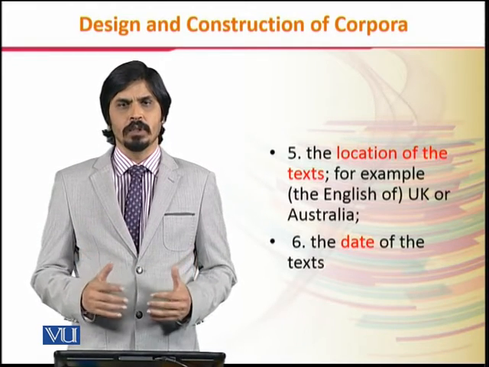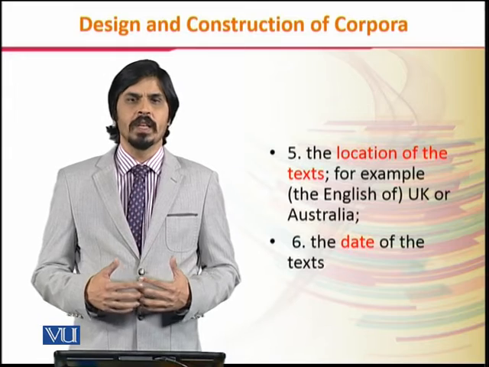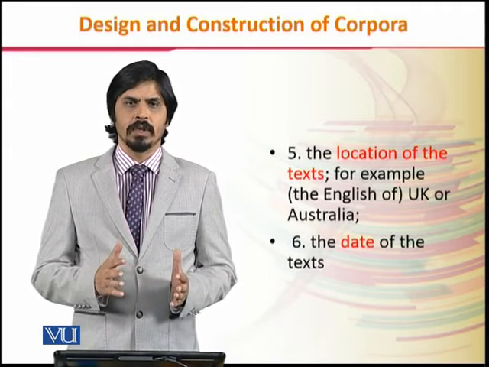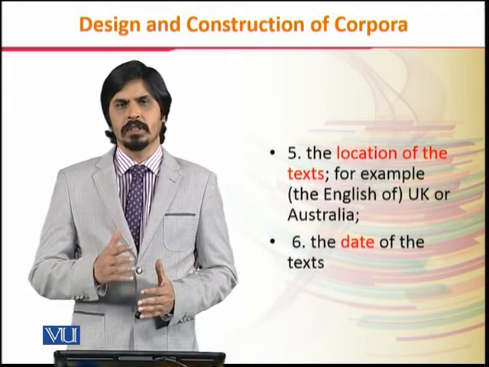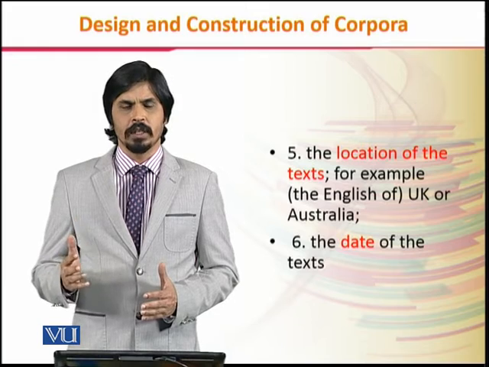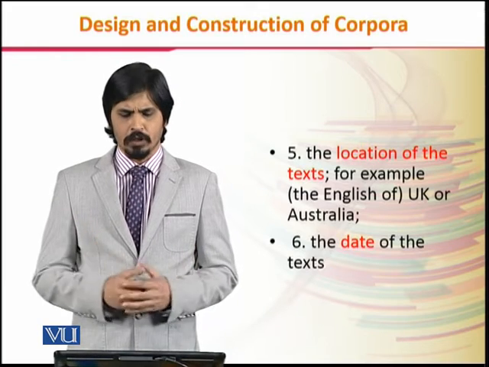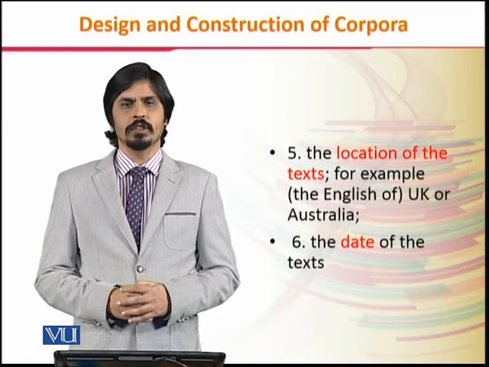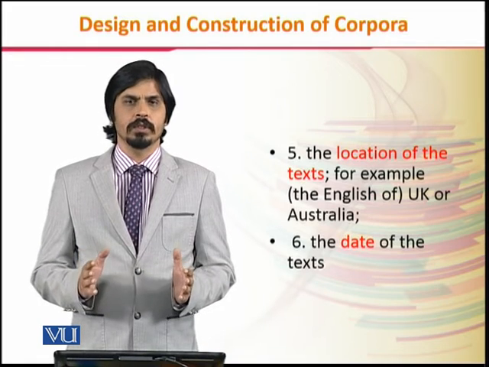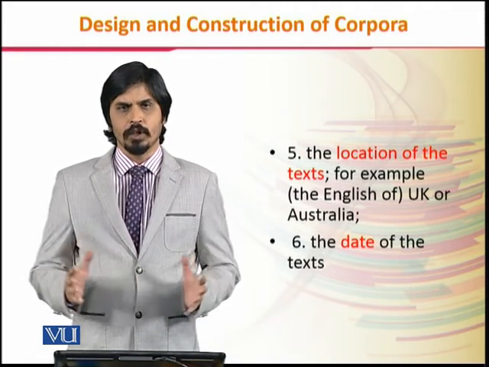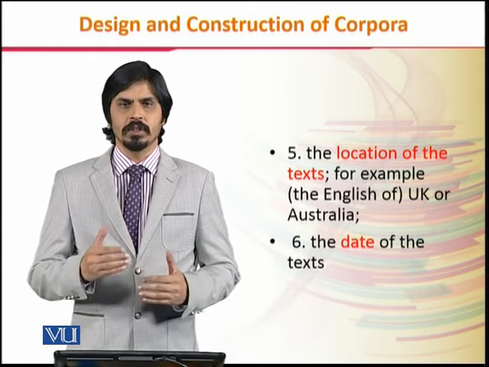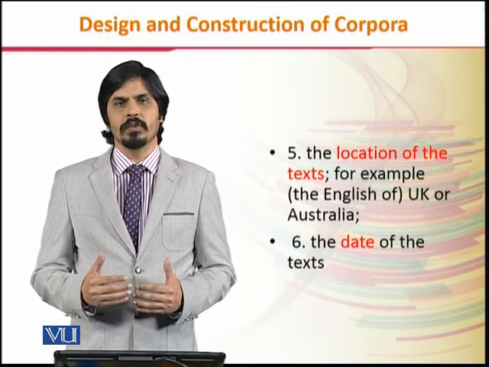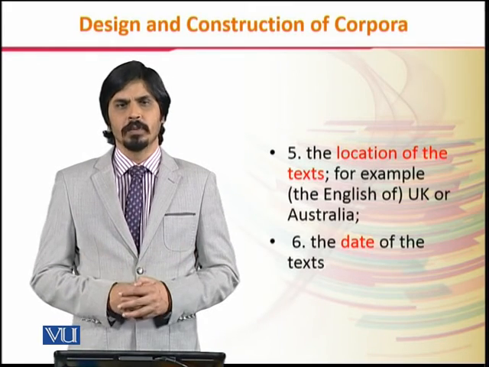Similarly, if we are taking samples from an L2 context, whether they belong to a particular context, for example Singaporean, Indian, or Pakistani English. Then the date of the text is also very important in some selections. What was the date of the sample or broader era of the collection of the sample, because that would help us define and analyze various aspects of the making of a language.